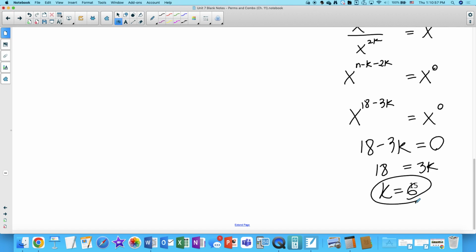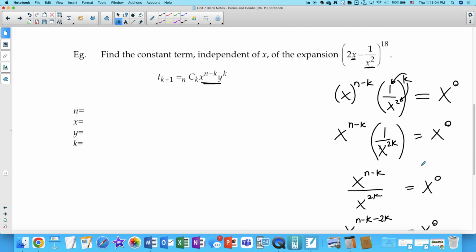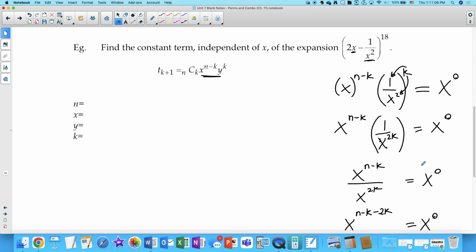So if we're looking for when k equals 6, in fact, we're looking at the 7th term. Okay, so here, k equals 6. That's really the hardest part, figuring out the term number, right? n is 18. x is 2x. y is negative 1 over x, sorry, negative 1 over x squared.